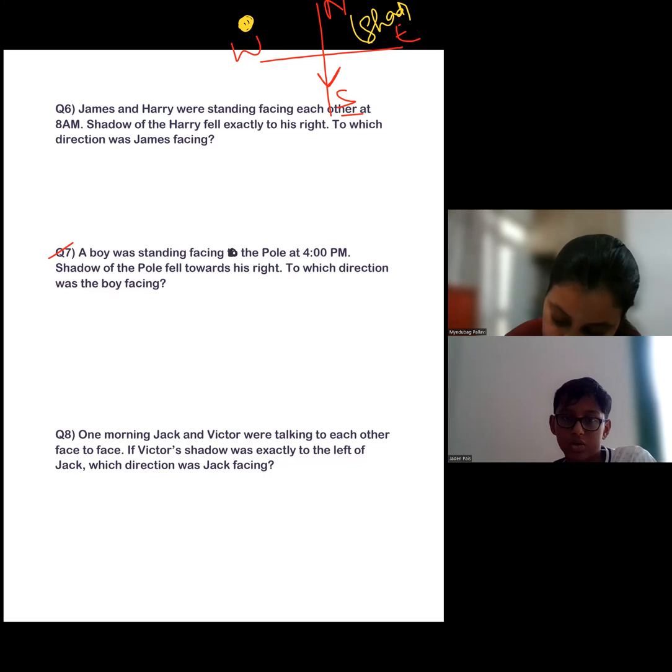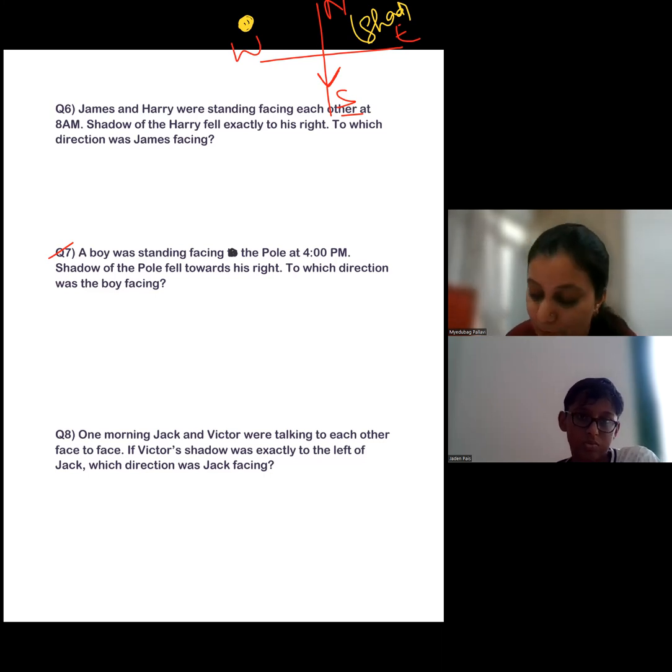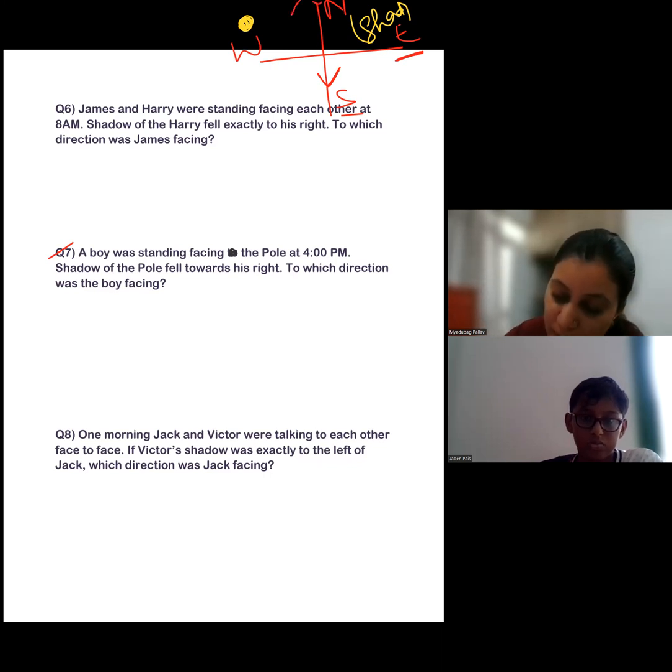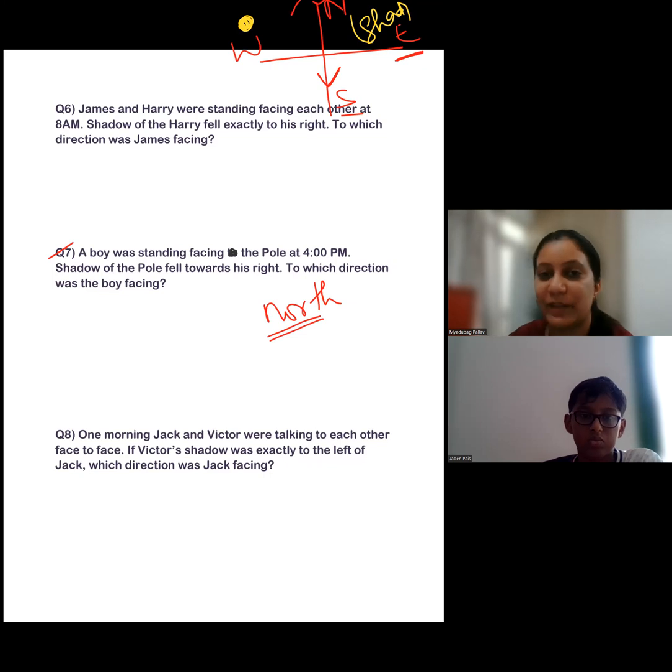Ma'am, he will be at the north. Okay, let's see. A boy was standing facing the pole at 4 p.m. That means evening time. The shadow of the pole fell towards his right. So the shadow will be towards the right only when the boy is facing north. You've got it correct? Very nice.